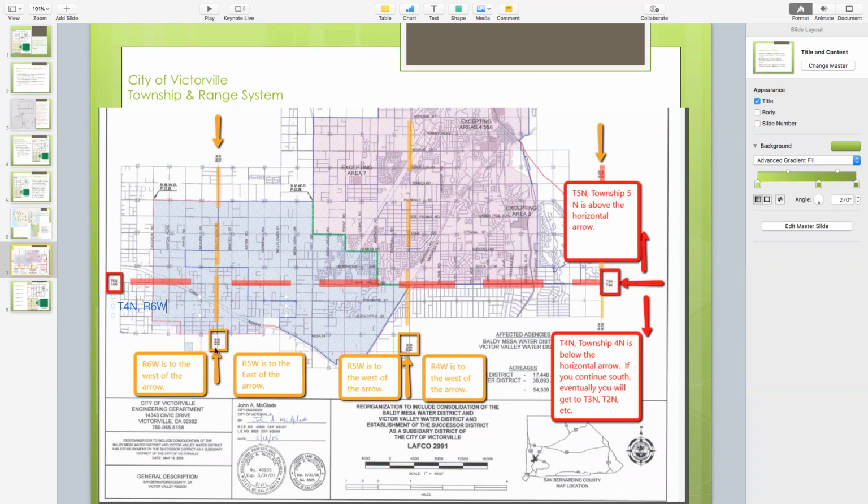How do I know this? By looking here at township 4 north and my range 6 west.